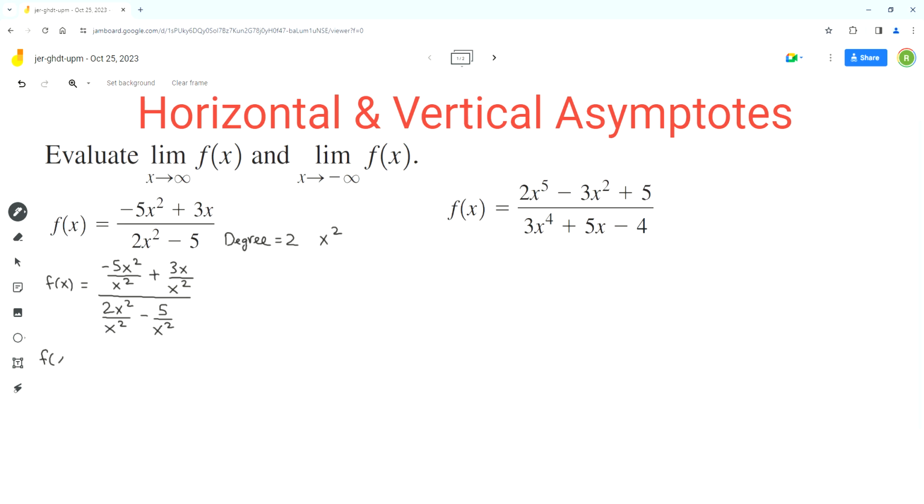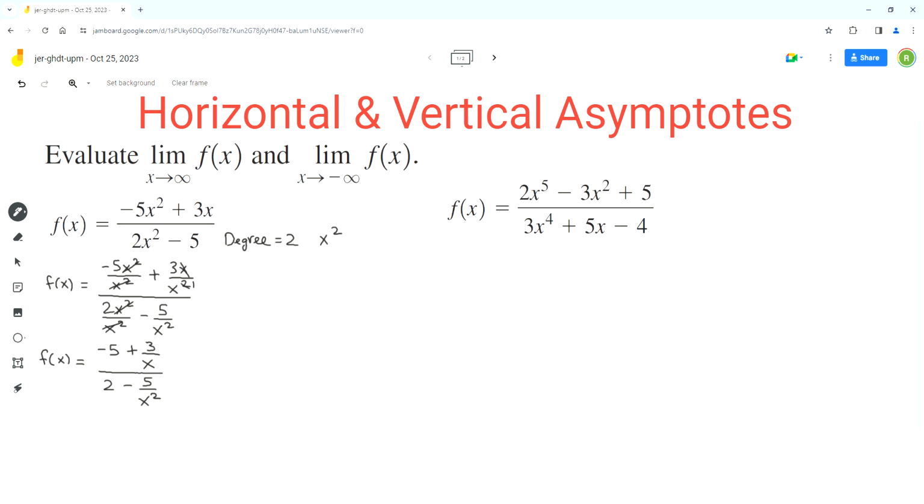In the numerator, in the first fraction, the x squares cancel out, so we are left with just negative 5. Plus, in the second fraction in the numerator, one of the x's cancels out, so we are left with 3 over x. And in the denominator, in the first fraction, the x squares cancel out, so we are left with just 2. And in the second fraction, we are left with 5 over x squared.